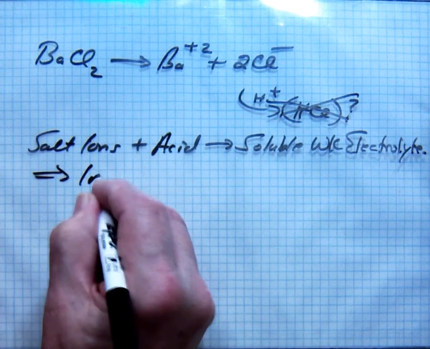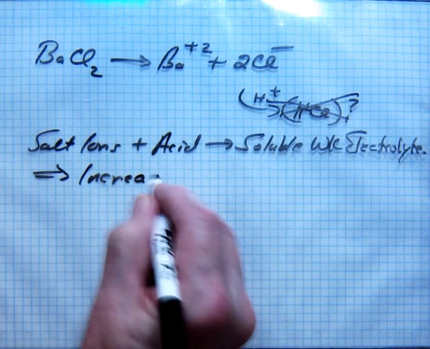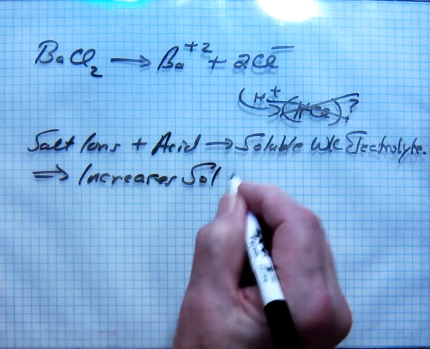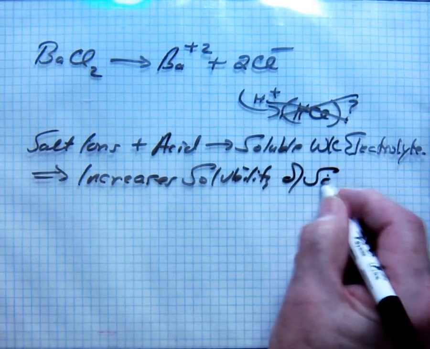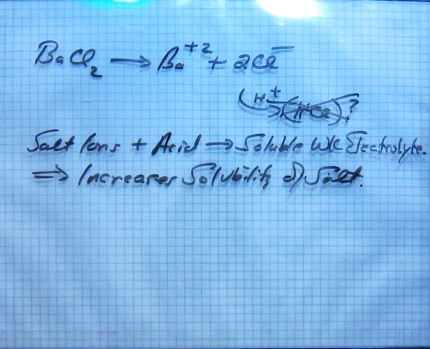And this increases the solubility of the salt. So that's an induced change in the pH of a system in order to increase the solubility of it. That's one topic.